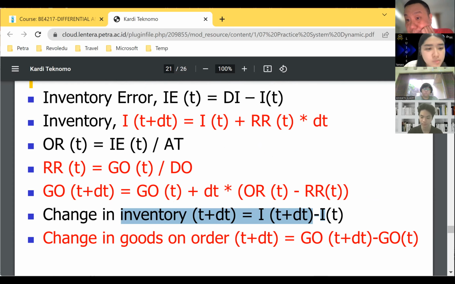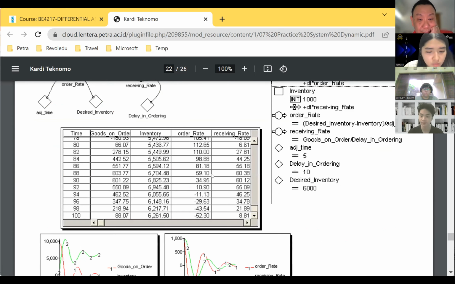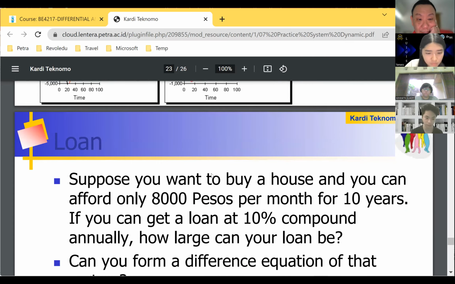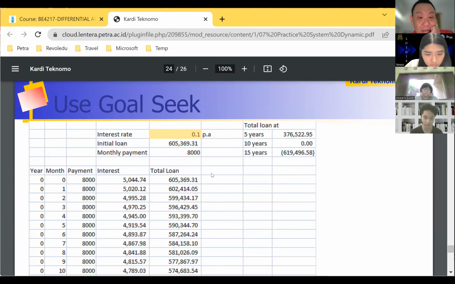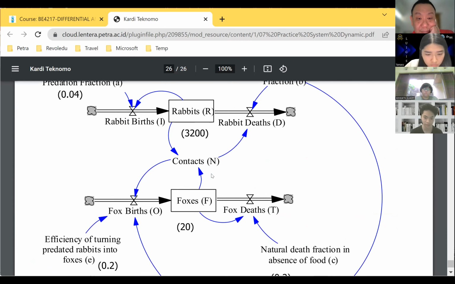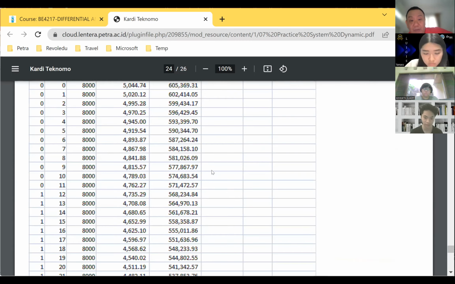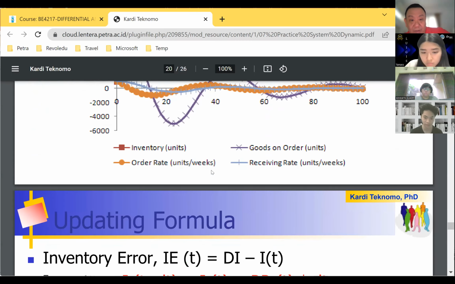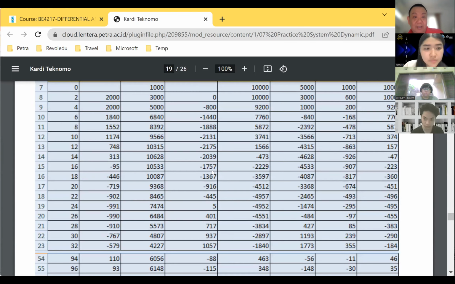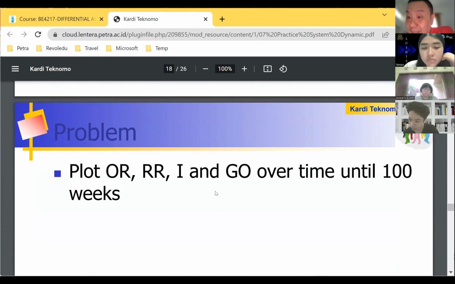Okay, go. And this is another example. If you can do the three practices here first, I think you are good. With this, you can create any system that you want.